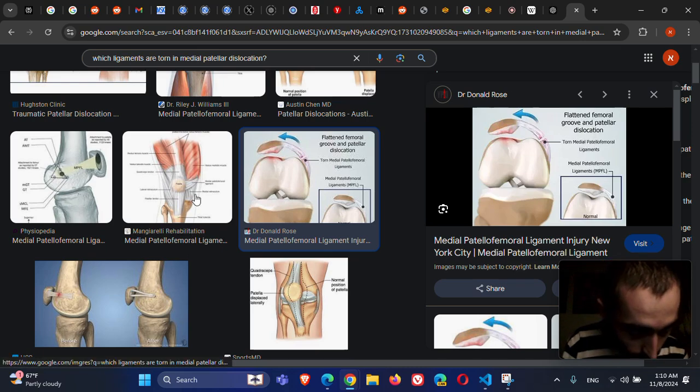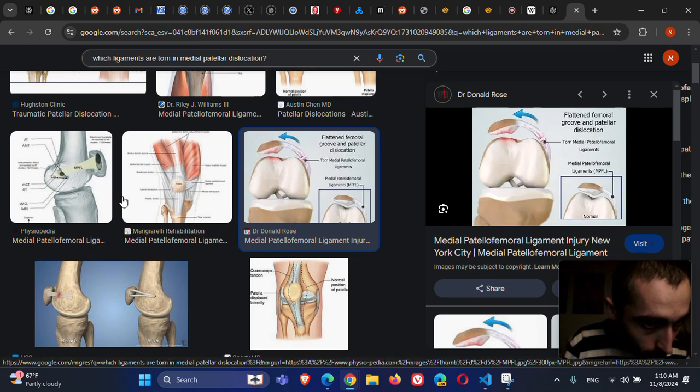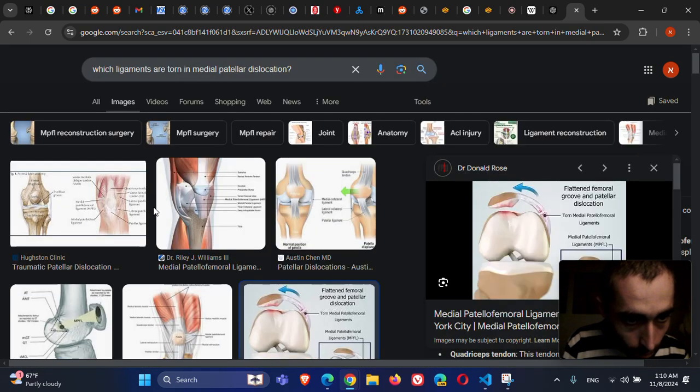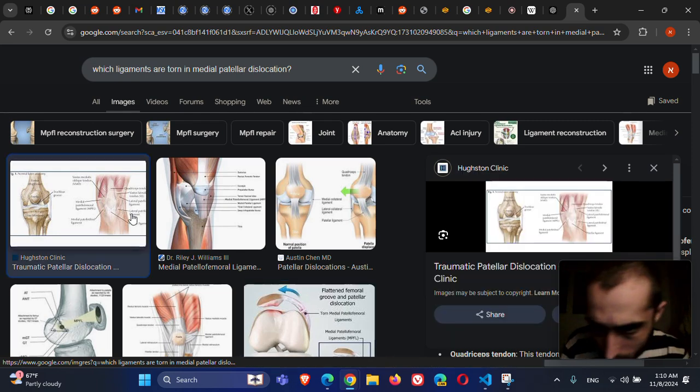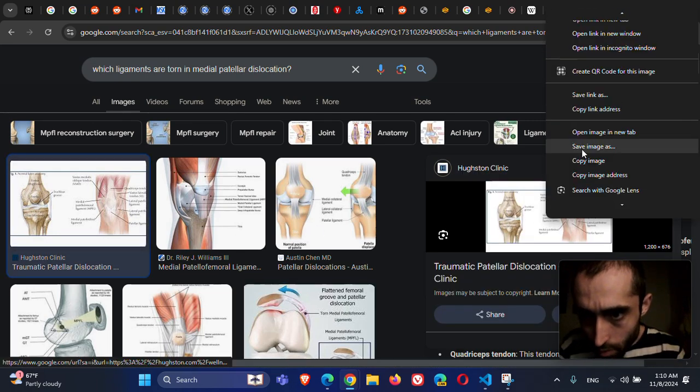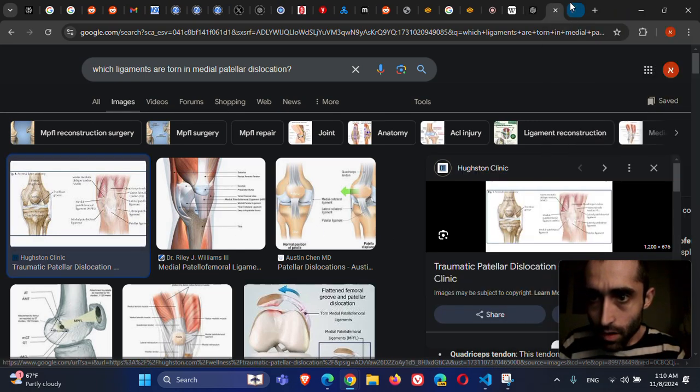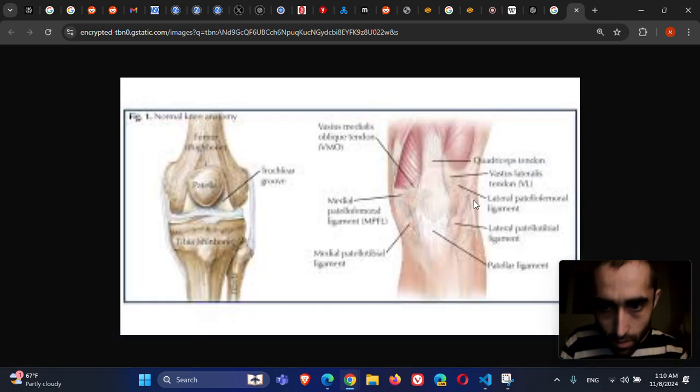Now, when you ask, for example, GPT-4o mini this question about medial dislocation and not lateral, and you look at the ligaments, it's quite hard to see, but if you look at the ligaments, you will see that the lateral patellofemoral ligament is the one that will be torn when the patella goes to the medial side. So the answer should be the lateral patellofemoral ligament.